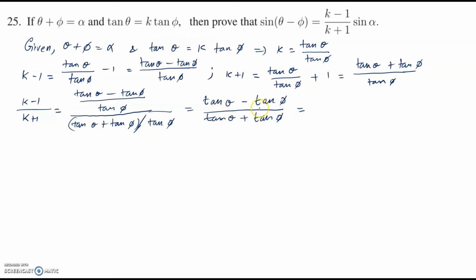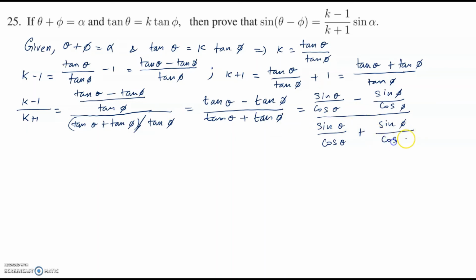Now further, let's substitute sine cos for tan. So this numerator will now become sine theta divided by cos theta minus tan phi will be sine phi divided by cos phi, divided by this tan theta will now become sine theta divided by cos theta plus tan phi will now become sine phi divided by cos phi.